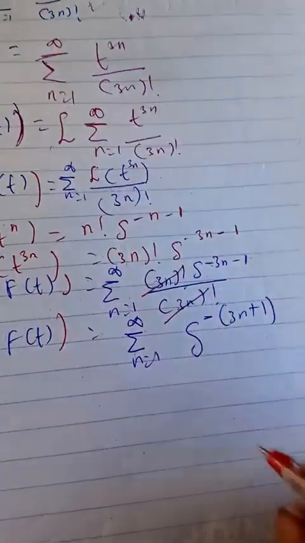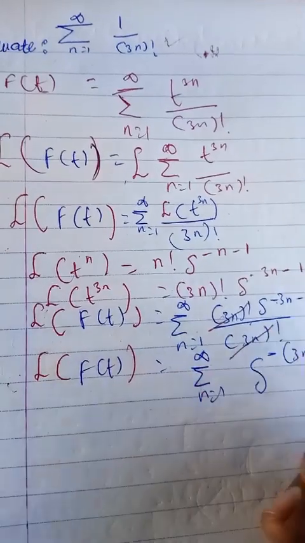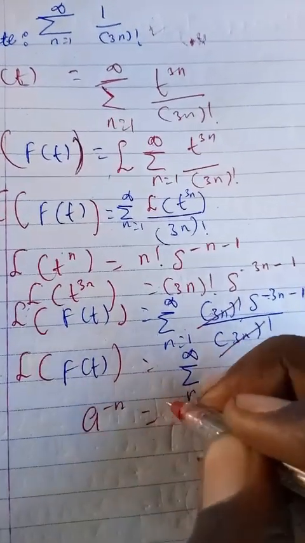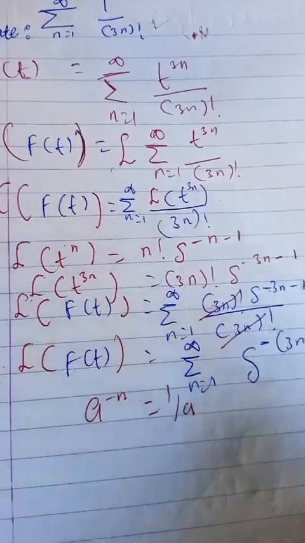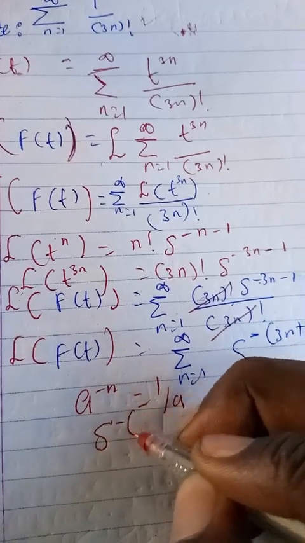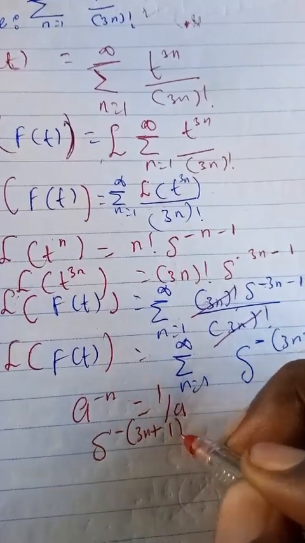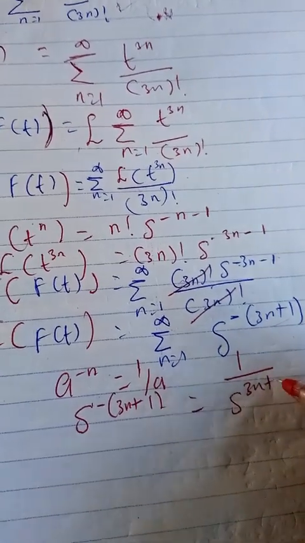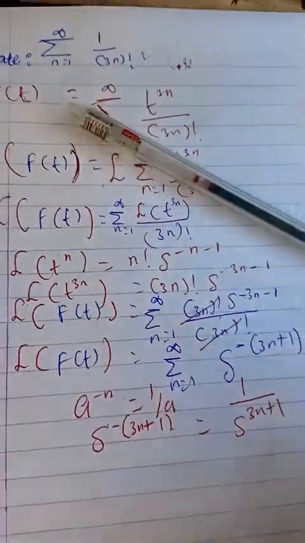Let us quickly recall, from the law of indices, if we have a raised to the power of minus n, it will give us 1 over a raised to the power of n. So s raised to the power of minus into bracket 3n plus 1 gives us 1 over s raised to the power of 3n plus 1, according to the law of indices.